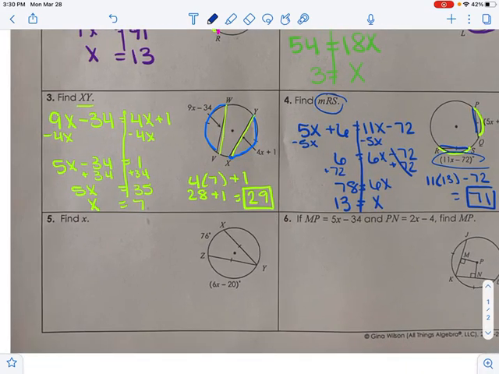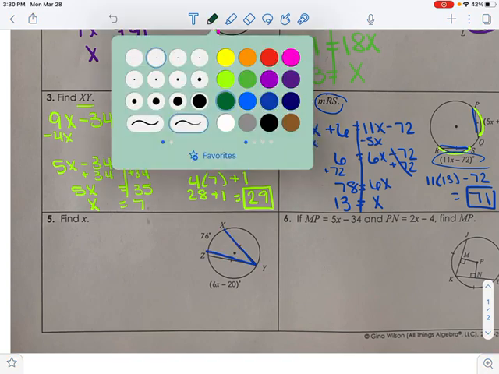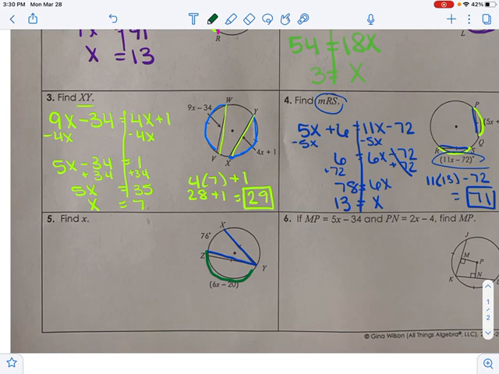Now notice number 5. Those are the marked chords. So the matching arcs are the ones that go off of it, which in this case, what's been labeled are not matches, okay? So we can't just set things equal to each other yet. But we can fill in the last section of the circle, that top green section, because with matching chords we have matching arcs.